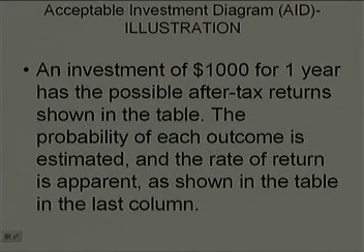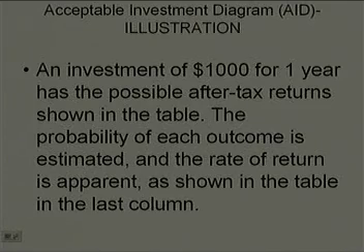The probability of each outcome is estimated and the rate of return is also given in the table. So, what are we given? We are given that the investment amount is $1,000, and corresponding to this, we are given different values of expected returns and the associated probability values.